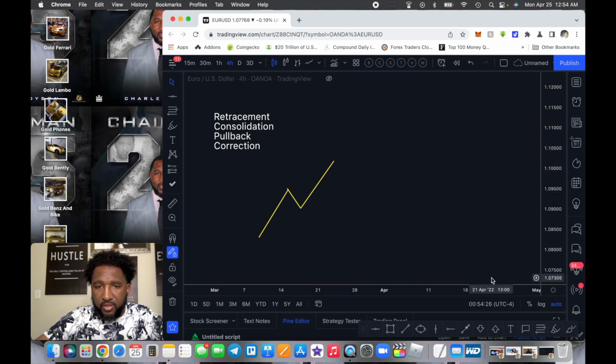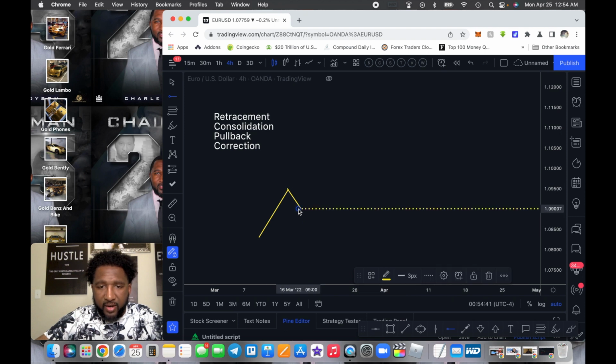This next part is extremely important, okay? So you got your impulse, you got your pullback, okay? Now, what happens is when the pullback takes place, there's going to be an area of support, okay, where the market does not want to go below this area.